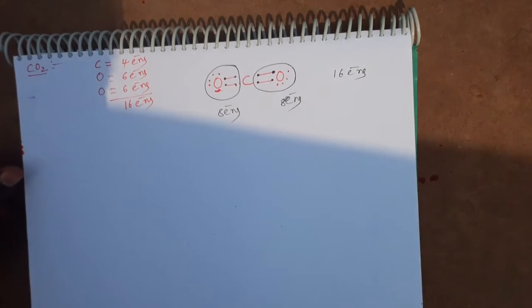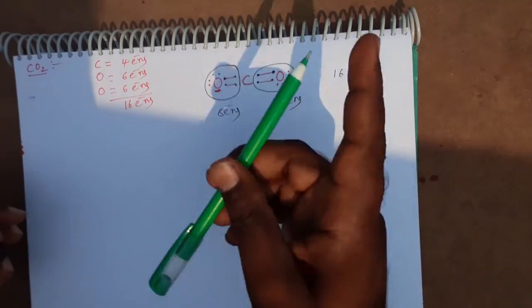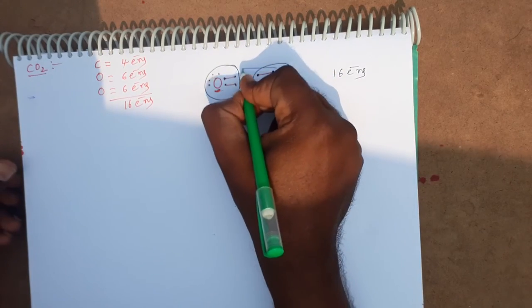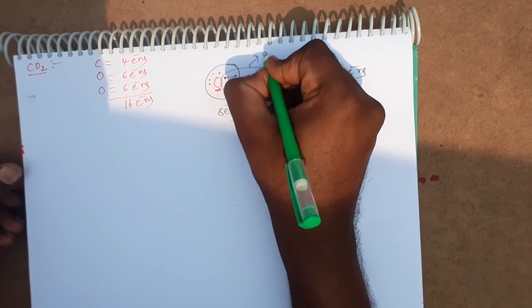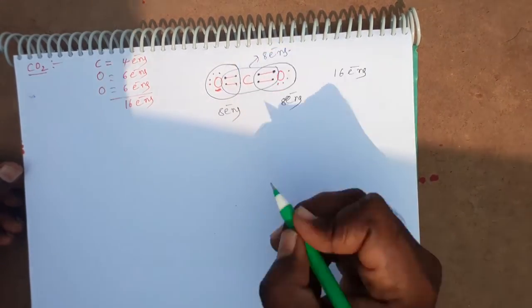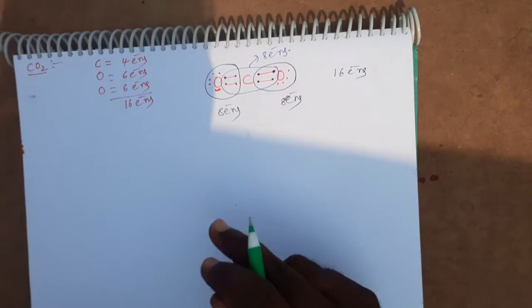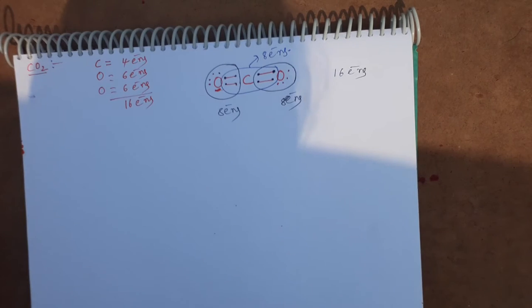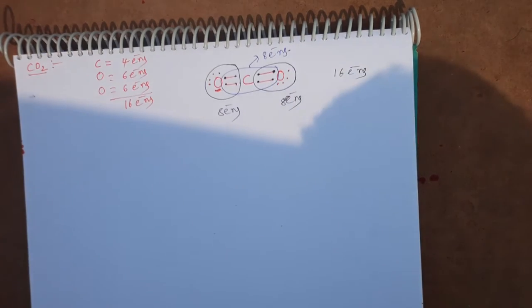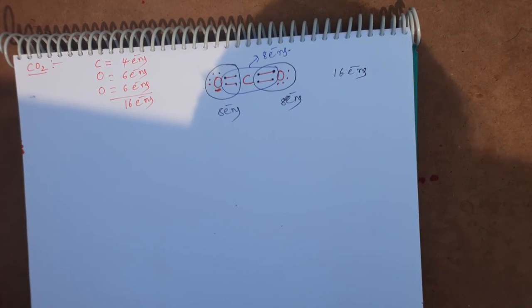But this total carbon contains how many electrons? 8 electrons. This is the dot structure for a carbon dioxide molecule.